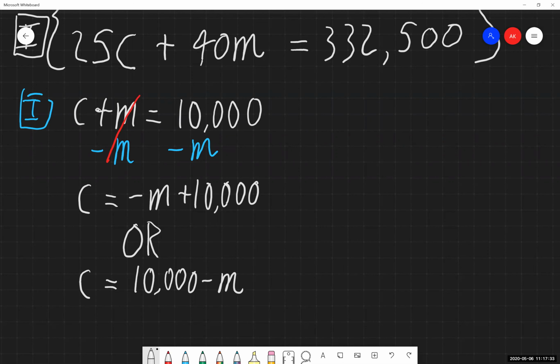I like having the variables in front as the leading term, personally, but that's just me. So now at this point in time, I have one variable, C, in terms of another variable, M.